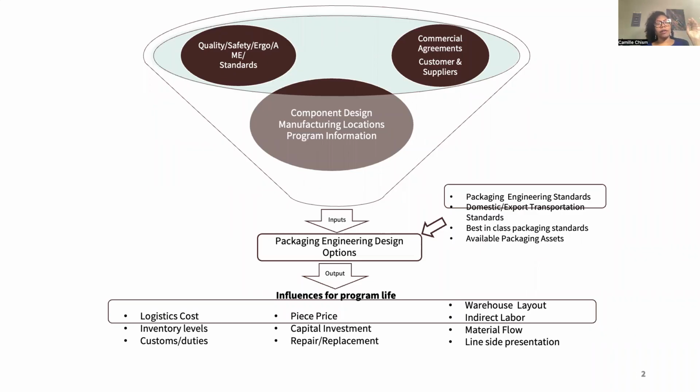Or if you're on a truck or rail car or an airplane, those are some of the things that you want to take into consideration based on the location of where they're being manufactured and where and how they're being shipped. And then you just have information on the program with the volume.